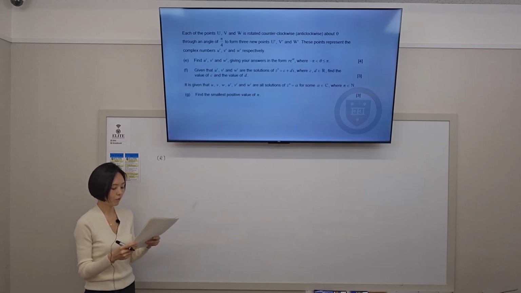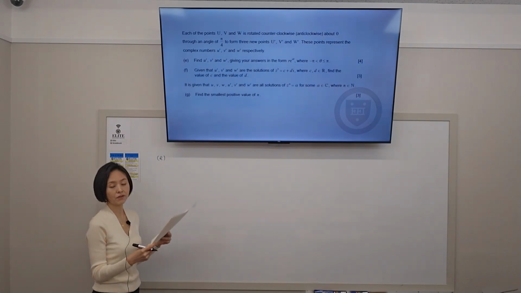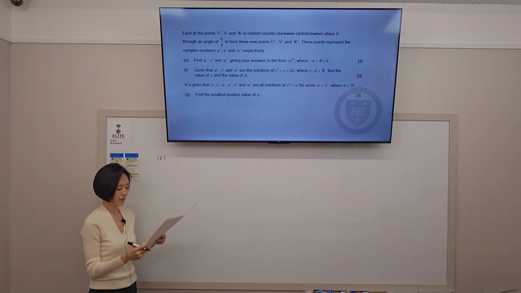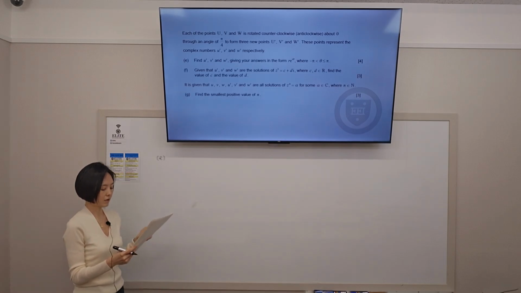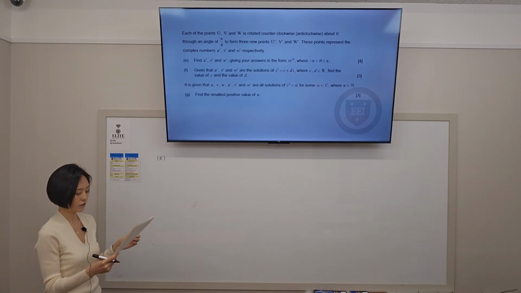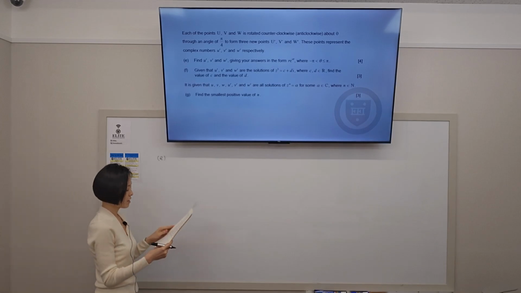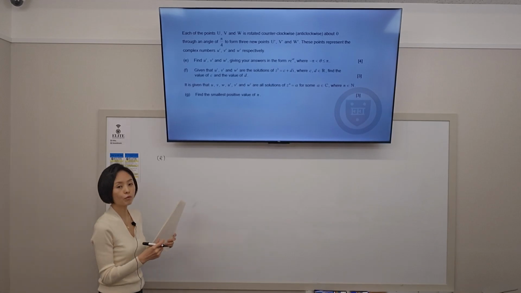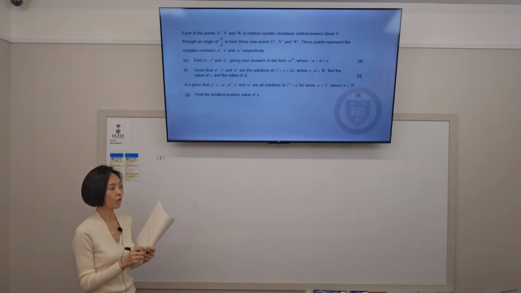Okay, for E, we need to find U dash, V dash, and W dash, giving your answer in the form r times e to the i theta. First of all, we need to find U, V, W in polar form.